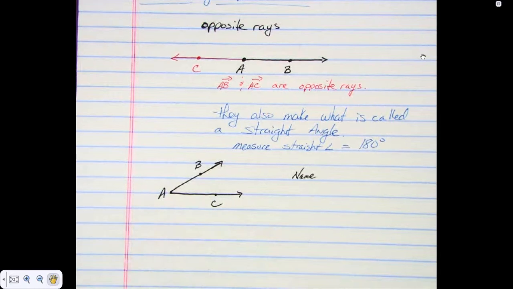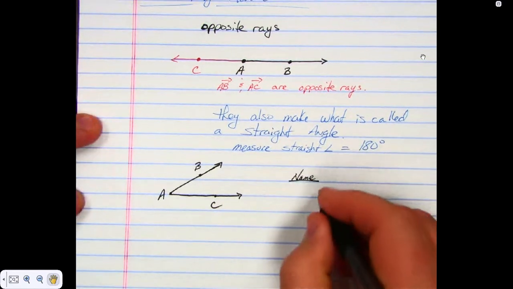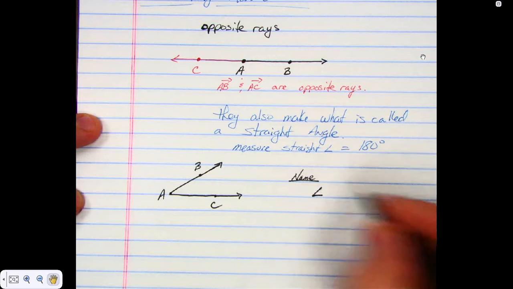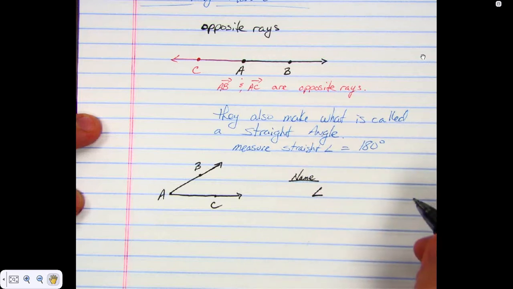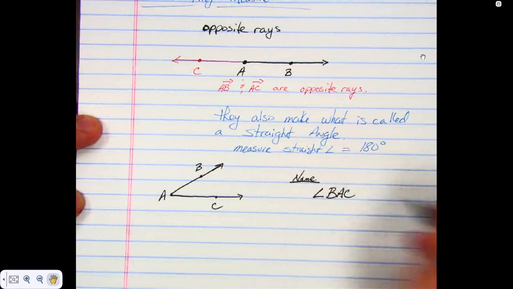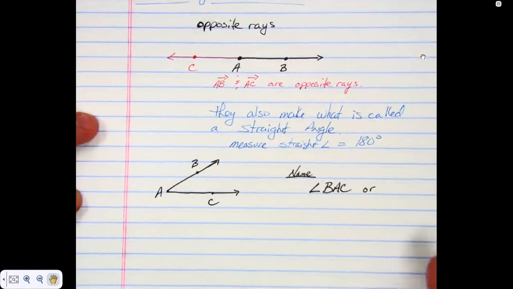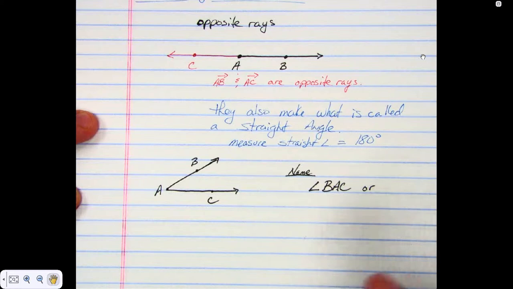You want to name it, in other words. BAC, okay. Now, we would want to say angle, but instead of writing the word angle, we're going to do that. Angle BAC.